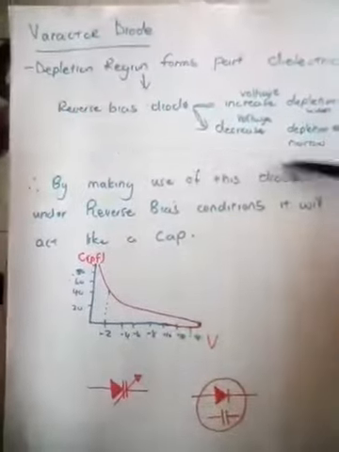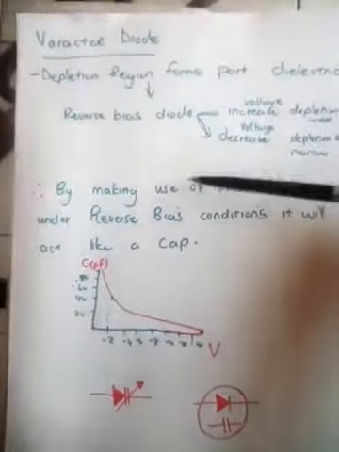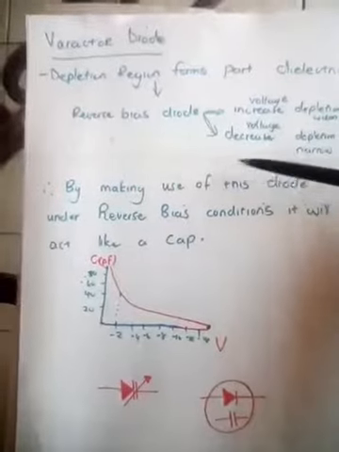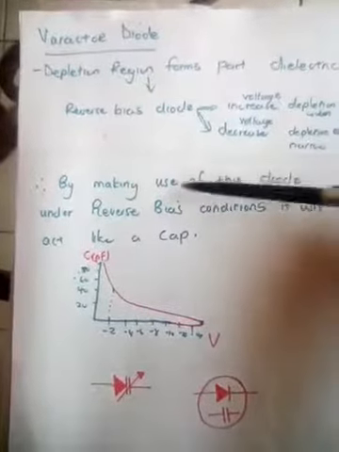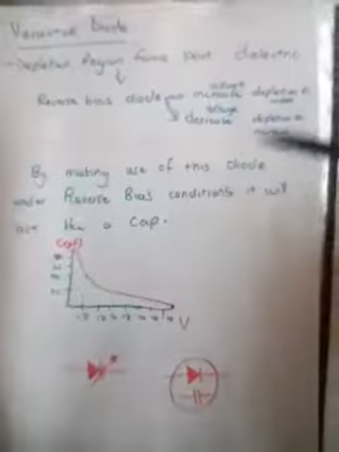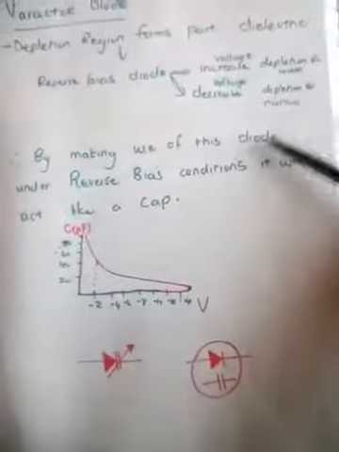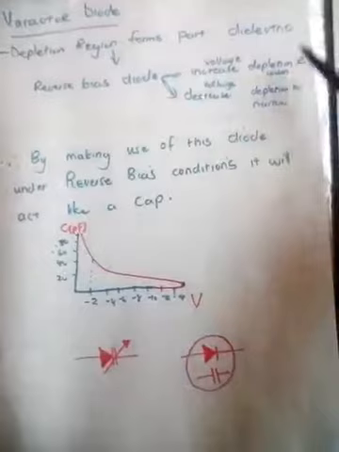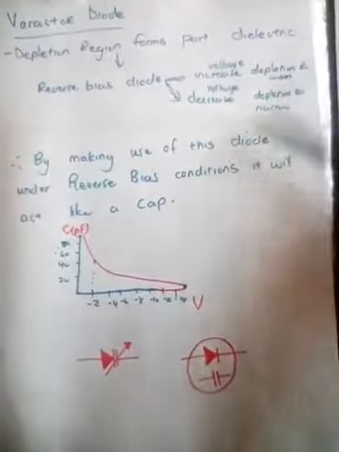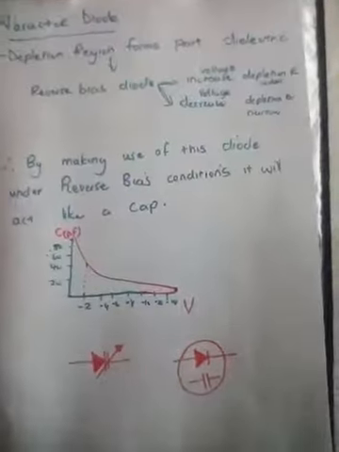By making use of this effect, and using this diode under reverse bias conditions, it will basically act like a capacitor. Increasing the reverse bias voltage will increase the depletion region, and decreasing it will decrease the depletion region.